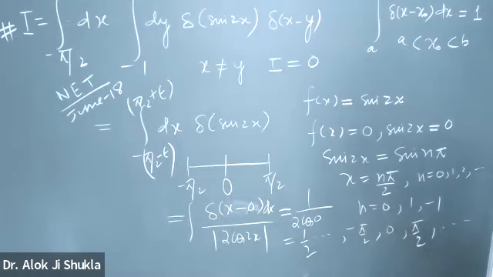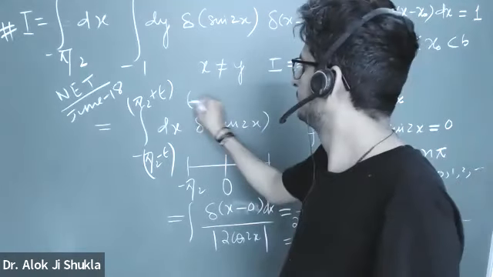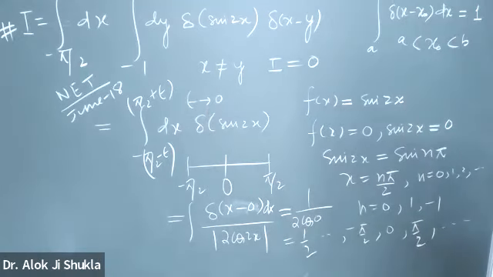Take it as part B where epsilon is very small. First of all, if there is any doubt in this part, please ask. Then we will do part B where the limits are like this. Does anyone have a problem in this part?